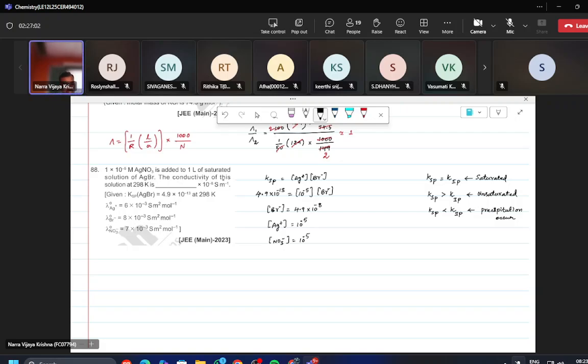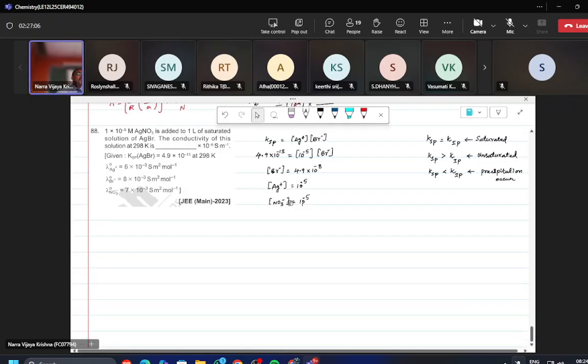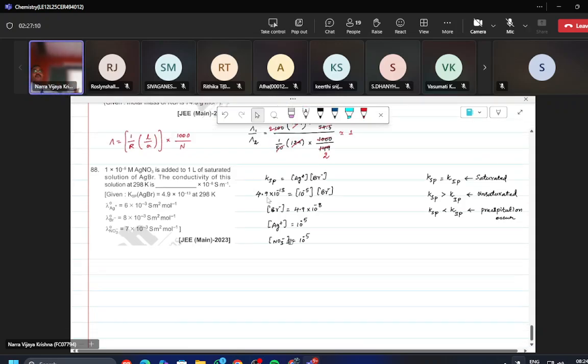Now, lambda naught values are given. What is the conductivity of that solution? Lambda equals kappa into 1000 by concentration. Conductivity is the conductivity of Ag plus plus conductivity of Br minus plus conductivity of NO3 minus. If I add, then you will get the total conductivity.